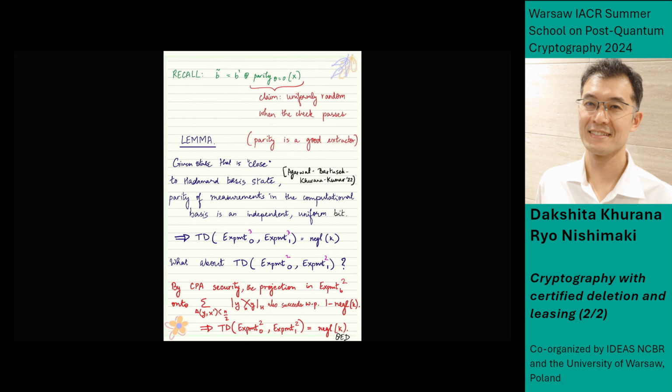It roughly says that if the Hadamard basis choice part is correct, then the computational basis part is an independent and uniform bit.